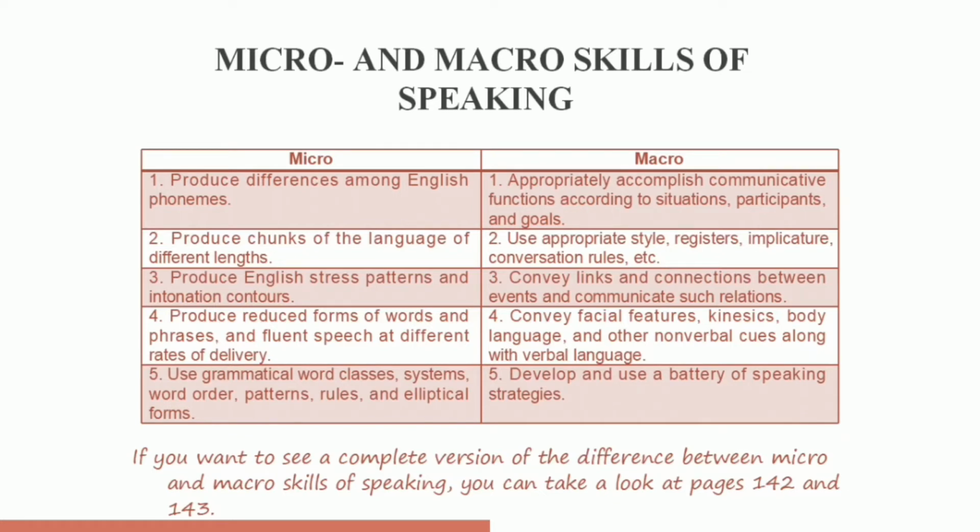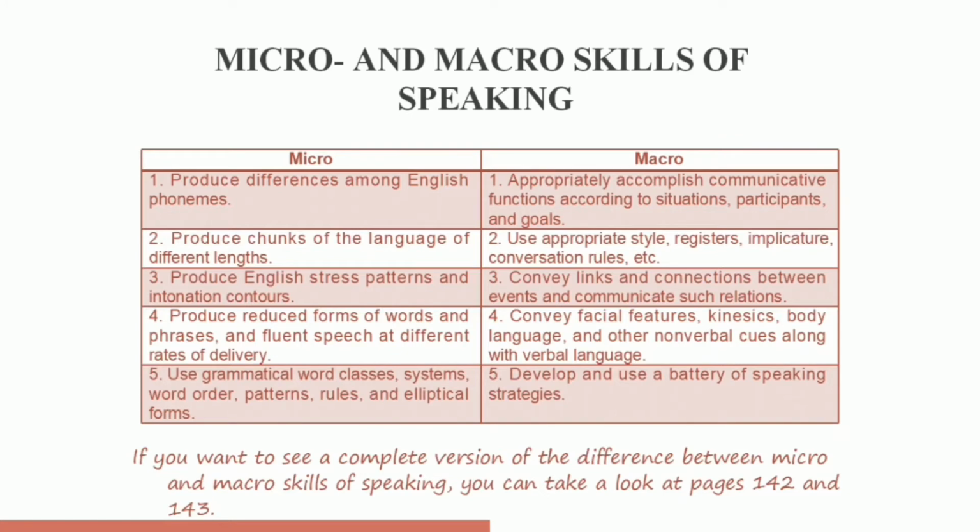Third is, convey links and connection between events and communicate such relations. Such relation as ideas like vocal ideas and verbal ideas, and events, and the last is information. It can be new information and given information. Fourth, convey facial features, kinesics, body language, and other nonverbal cues along with verbal language.